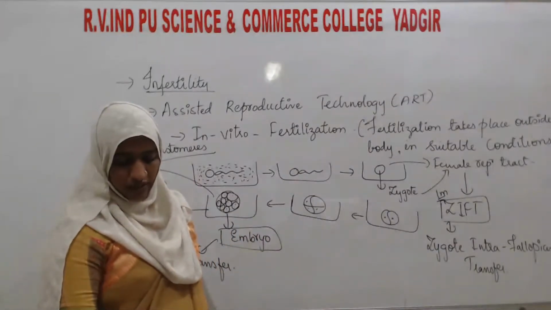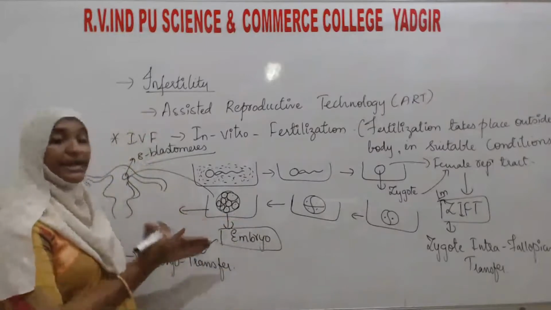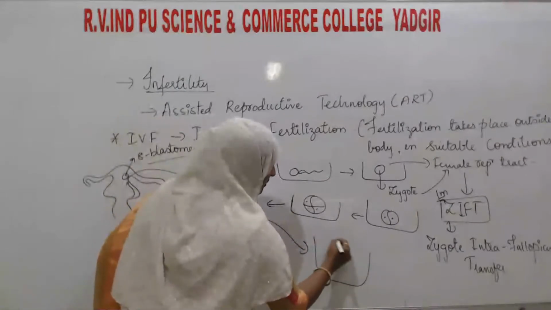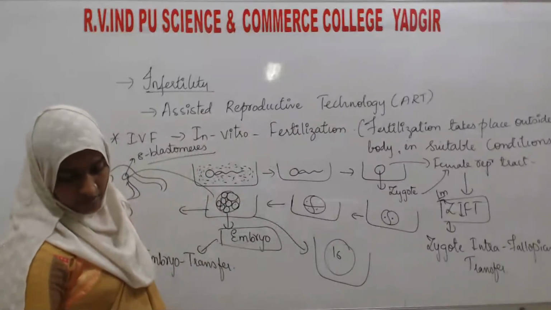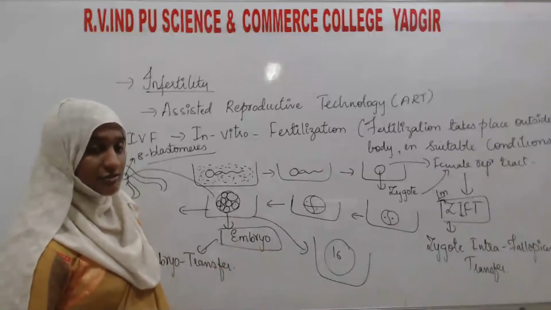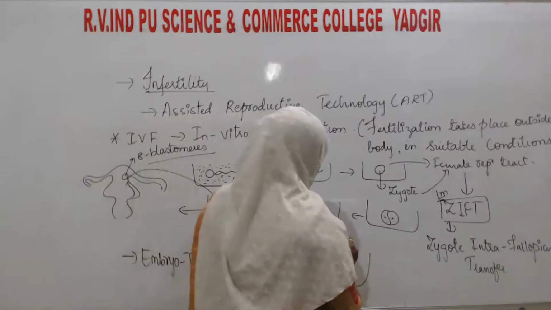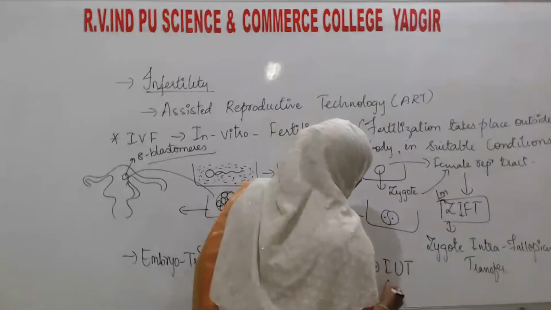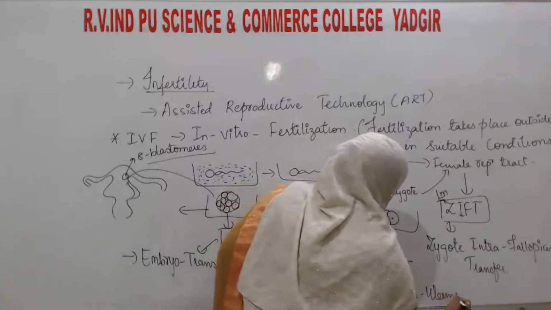Okay, and embryos with more than 8 blastomeres, meaning then again 16 blastomeres, then 32. If they are transferring these stages into the uterus, then it is known as IUT, that is intrauterine transfer.